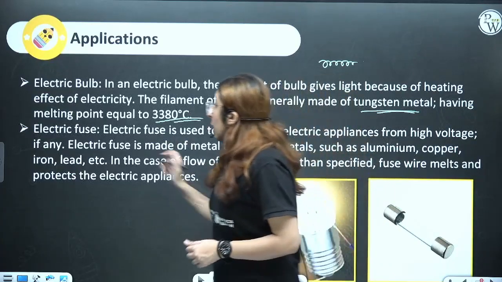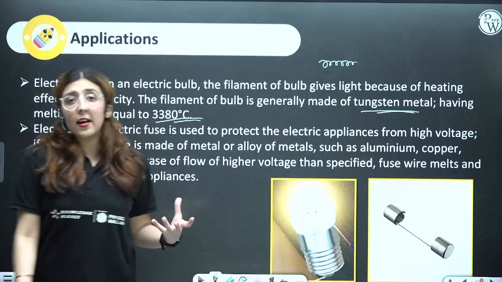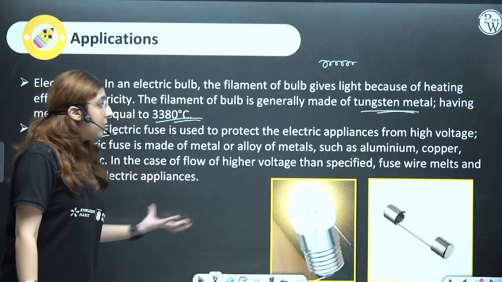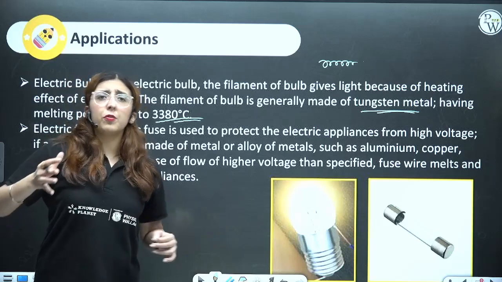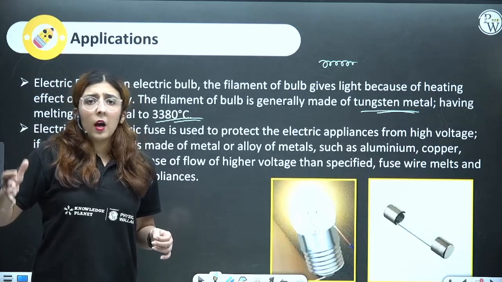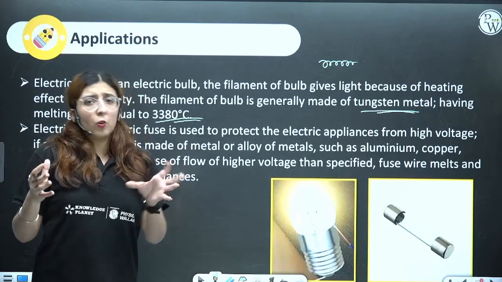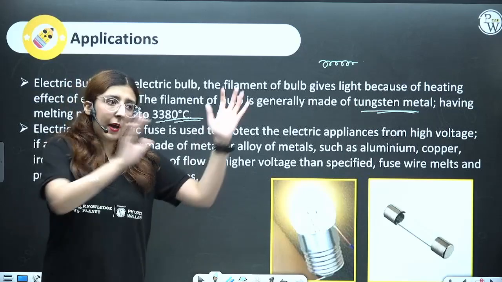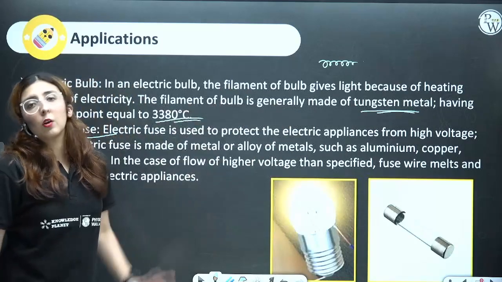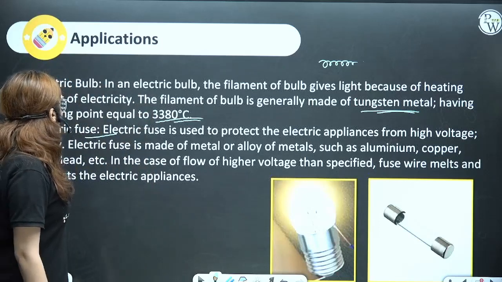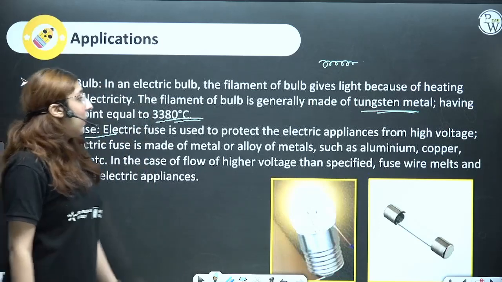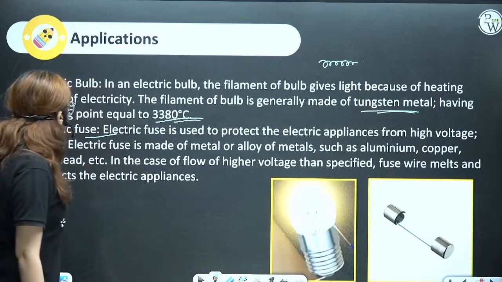Talking about the fuse, it is a safety device, everyone. A fuse is going to protect my house. What will happen? When a large amount of current passes through it, the fuse wire melts and my whole circuit is safe. My devices are safe enough. The electric fuse is used to protect electrical appliances from higher voltage, if any.